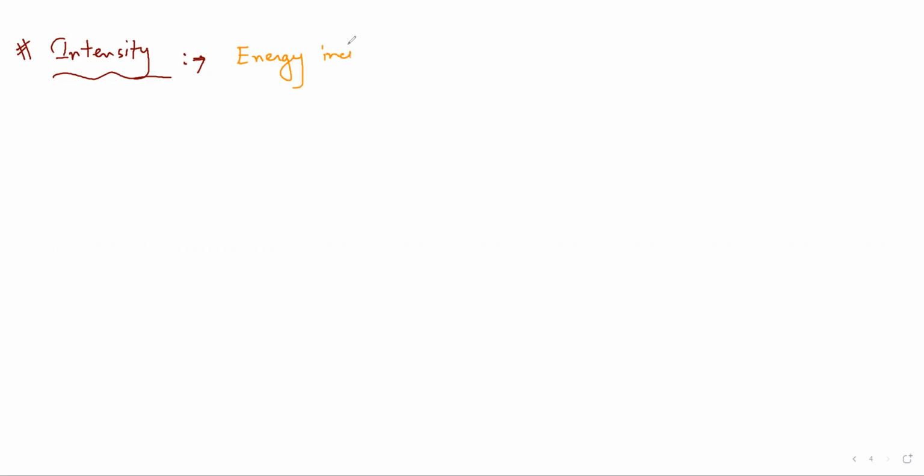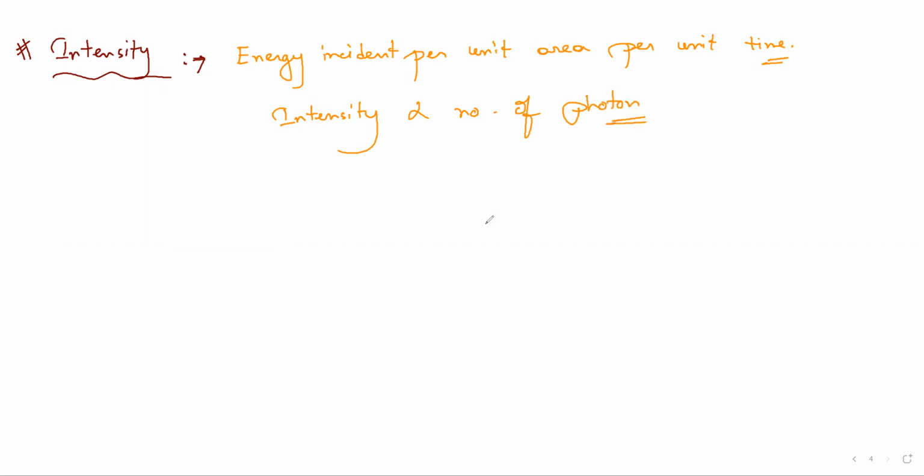Now intensity is proportional to the number of photons. If the intensity increases, the number of photons also increases. Is it clear? Any doubt regarding this part?